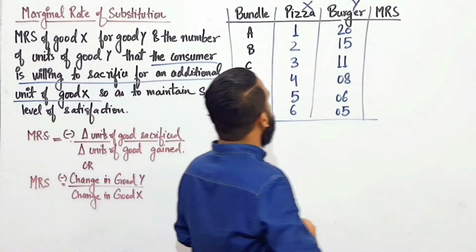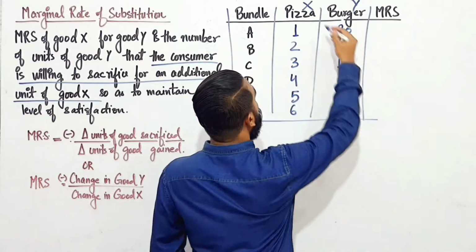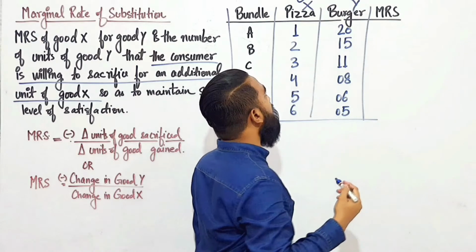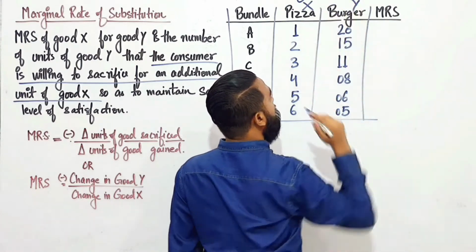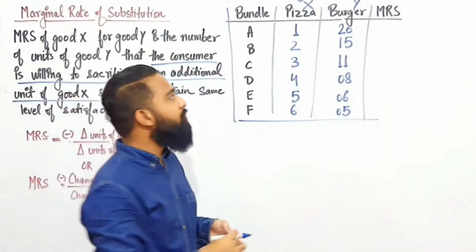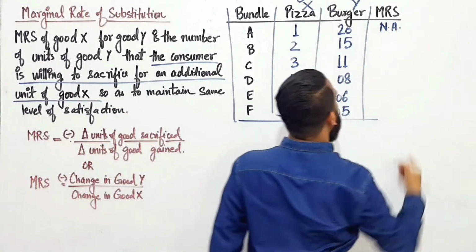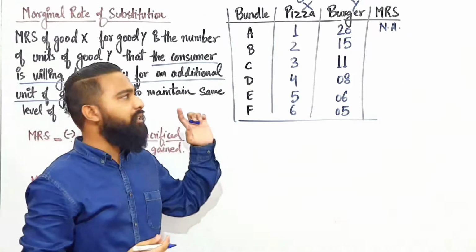Now let's see what the MRS is in these bundles. If we talk about bundle A, what is the MRS? Because you don't know, when you are having 0 pizzas, what will be the number of burgers? Because you don't have any data, that is not applicable. You cannot calculate it, so leave it blank there.